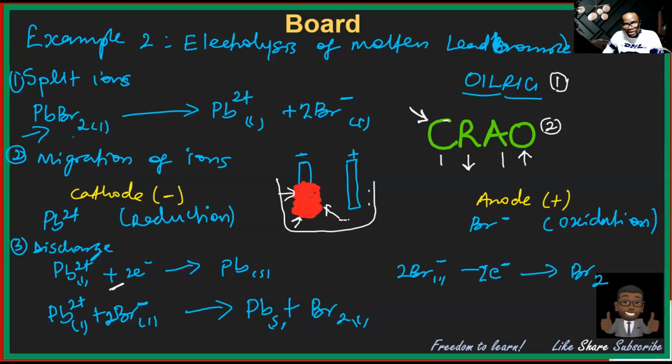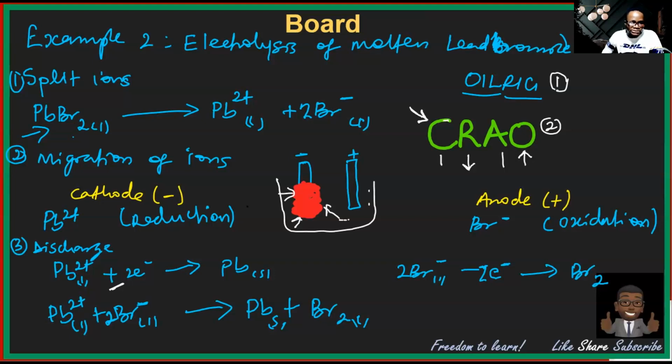The second one helps you know what happens at a particular electrode. So C, cathode, means R, reduction takes place at the cathode. Now you know reduction takes place at the cathode, but the next thing is, am I adding electrons or removing electrons? You go back to your OIL RIG.